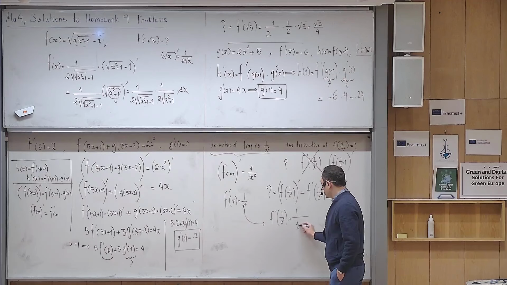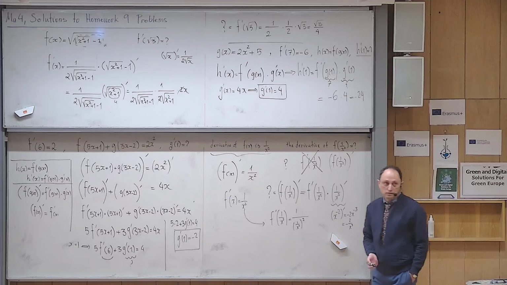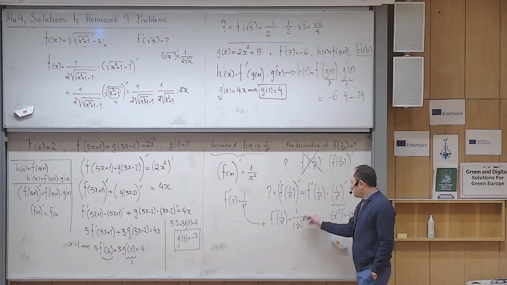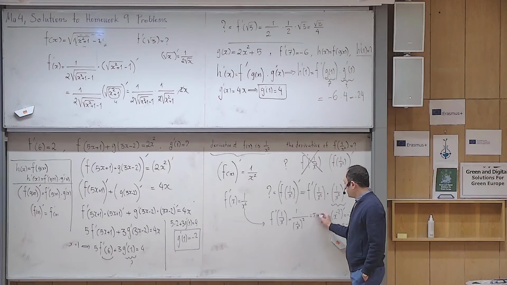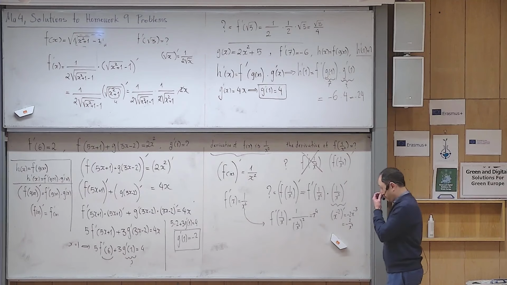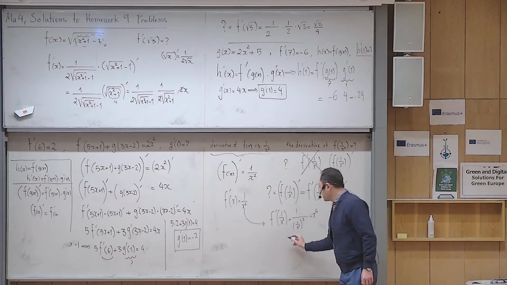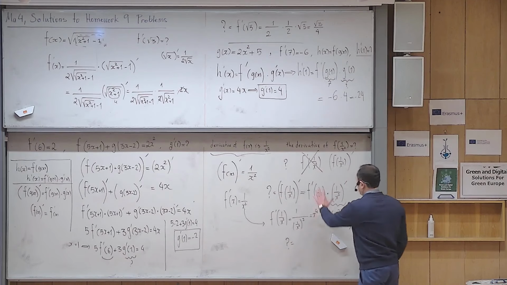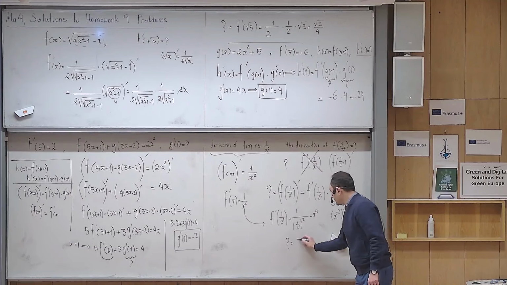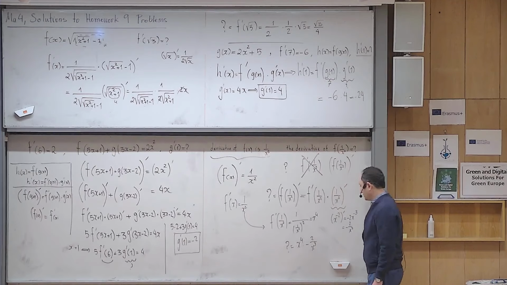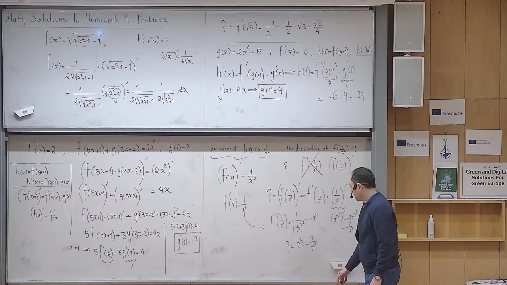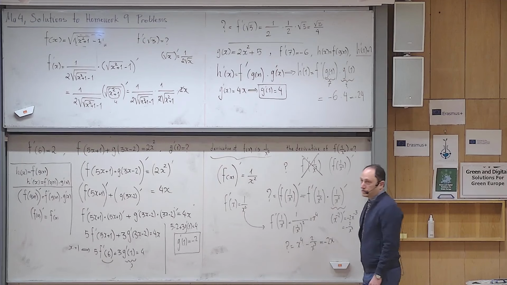That empty space should be filled up with this combination. Yes? And then it becomes what? X to the power of 4. And finally, the question mark is this part, which is x to power 4, multiplied by minus 2x to power 3. Yes? This x3 and that are simplified, so the answer is just simply minus 2x.